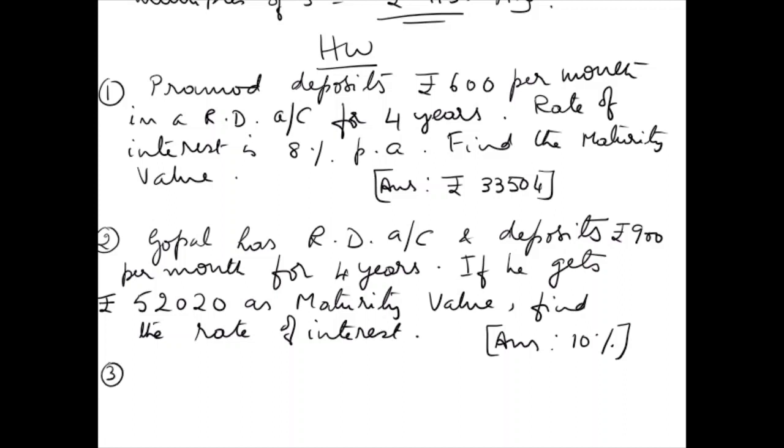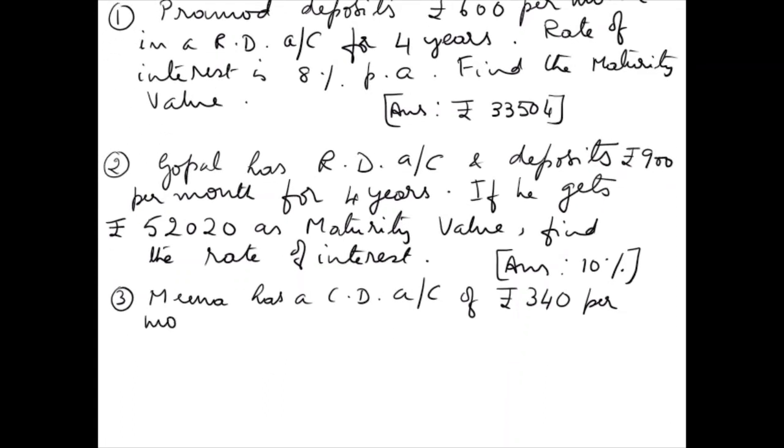Okay, Meena has a cumulative deposit account. This is also RD only, as I told you. CD, cumulative deposit account of rupees 340 per month at 6% per annum.